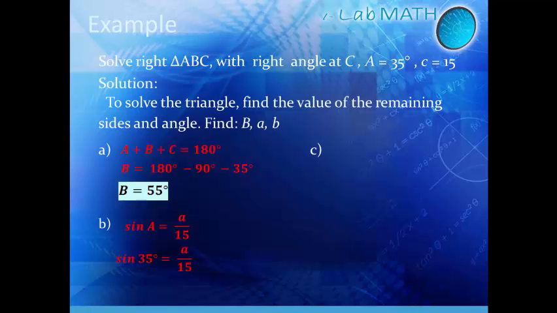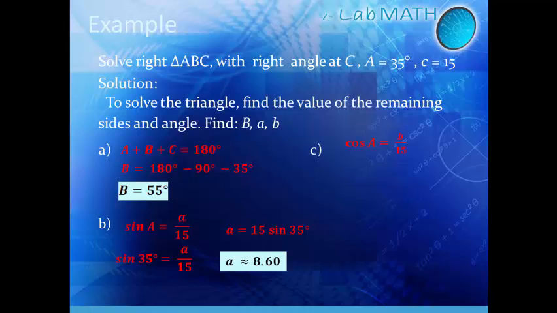Substituting the value of acute angle A, which measures 35 degrees, sine 35 degrees equals A over 15. Solving for A, A equals 15 times sine 35 degrees. A is approximately 8.60 units.